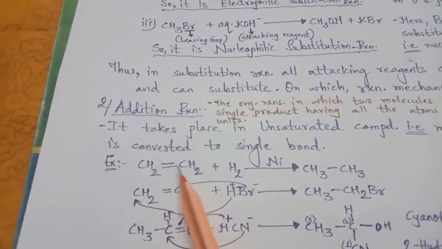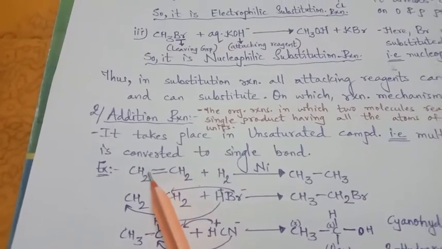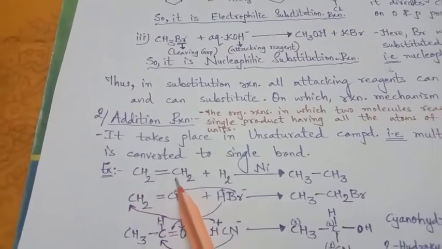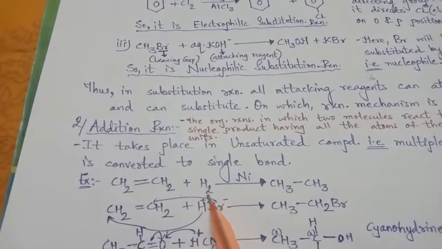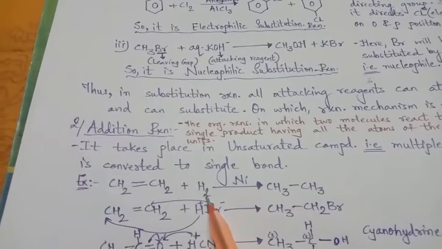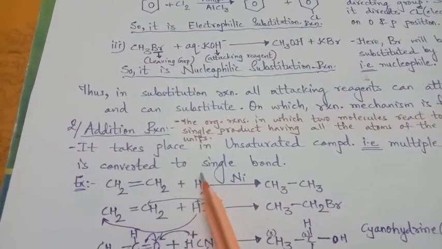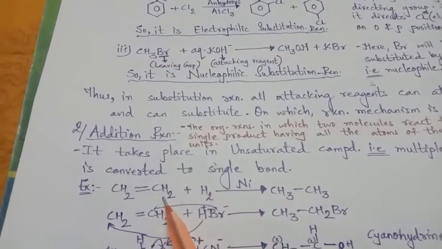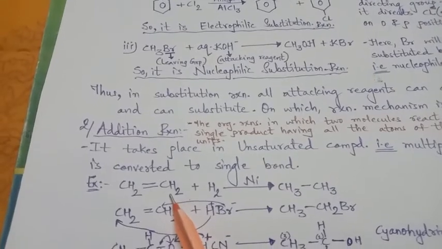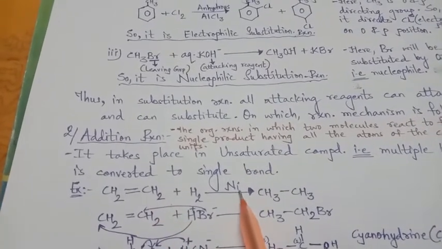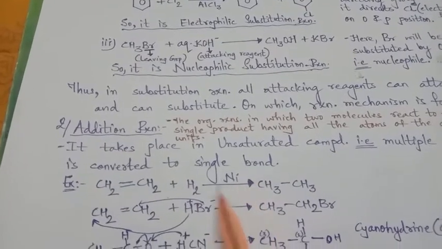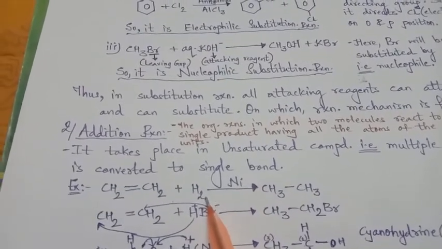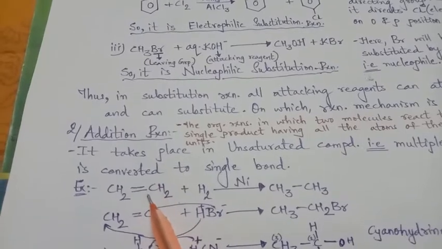CH2=CH2. See here, a multiple bond, a double bond, is present. This is ethene. When it reacts with H2, hydrogen directly will not proceed with the reaction. It needs help, so we take a catalyst, the nickel catalyst. This nickel catalyst will provoke hydrogen to react with ethene.